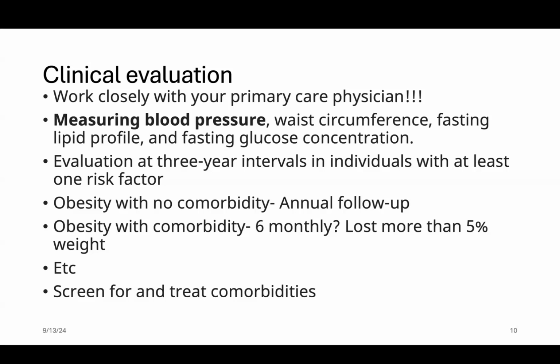But if you're obese with a comorbidity, we would like to see you after 6 months. And when we see you after 6 months, the question will be, have you lost weight? If you've lost more than 5%, then we are good to go. We'll continue the management. But if you've lost less than 5%, then your primary care physician will employ other ways of helping you.